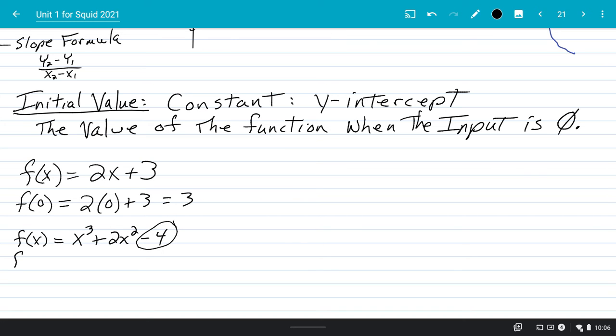But even if we input 0, like the definition said, we'd have 0 cubed plus 2 times 0 squared minus 4, which ends up being 0 plus 0 minus 4, which is negative 4. See how it's always the same thing?